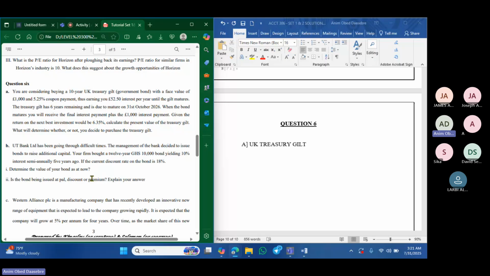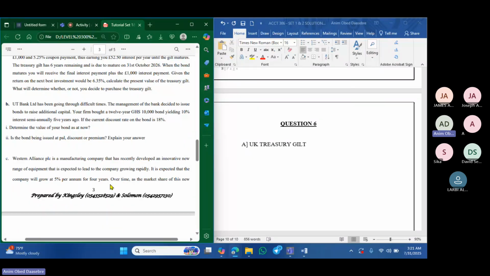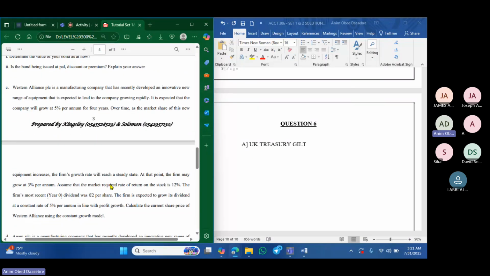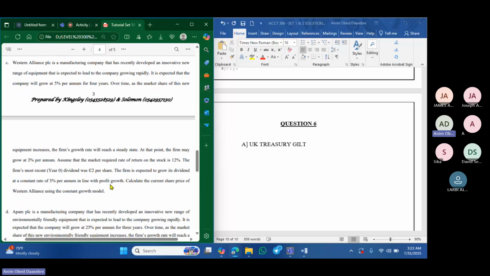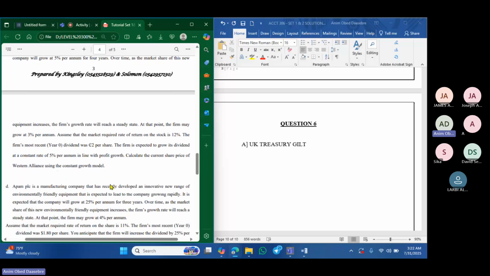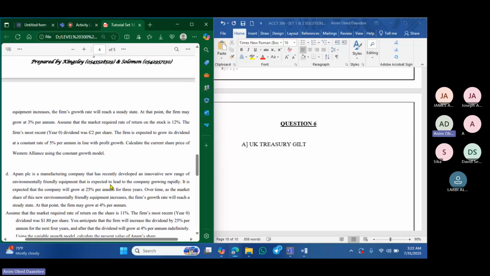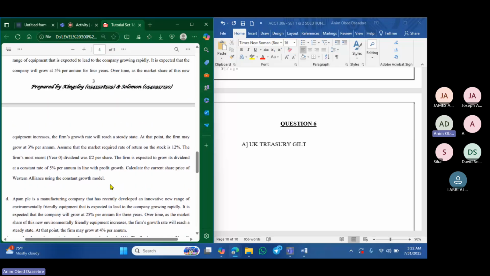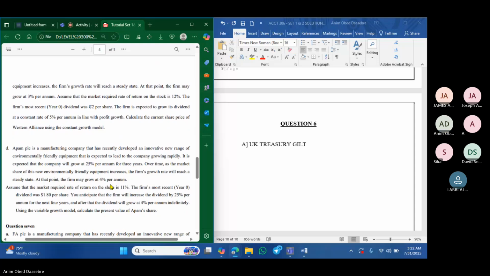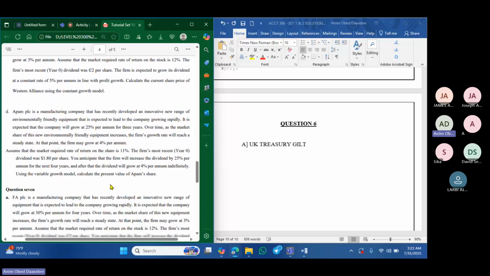Part C also tells us to find the present value of the bond. This time we are going to use the constant growth model, and also the variable growth model to find the present value.